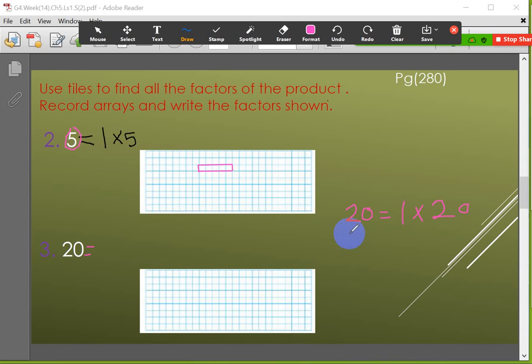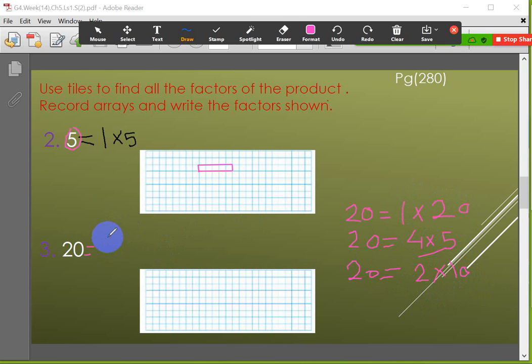Also, from the multiplication table, you know that 4 multiplied by 5 equals 20. So you have to save the multiplication table. Also, 2 multiplied by 10, as you said, very good. So the factors for 20 are 1, 20, 4, 5, 2, and 10.